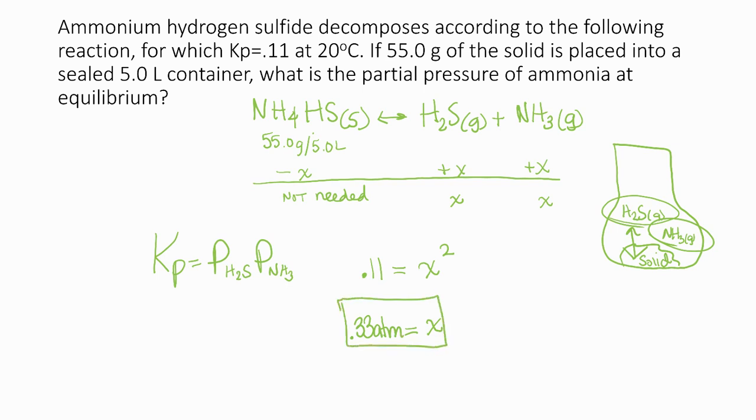Okay, also we know that initially it has to shift to the right because we don't have any present initially. It's only at equilibrium that these are present, or as it's approaching equilibrium.